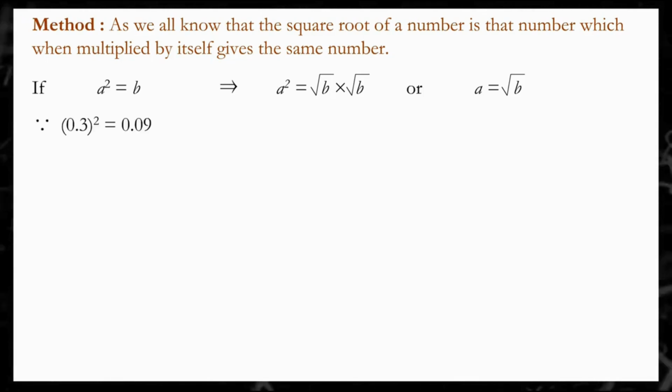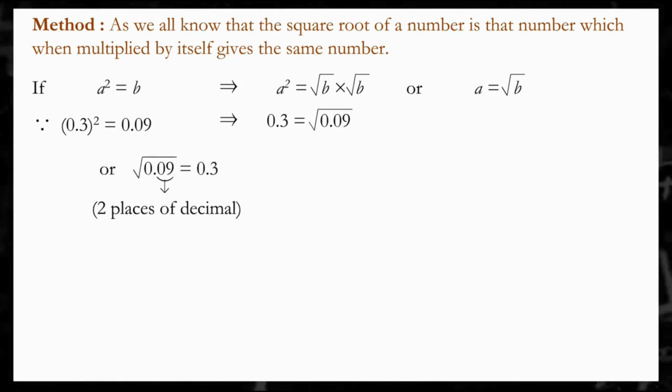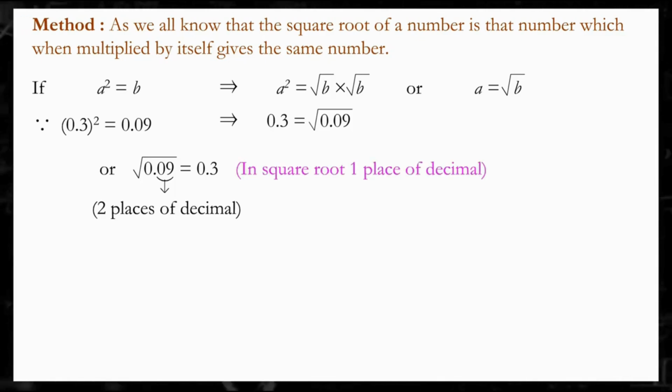Because 0.3 whole square is equal to 0.09, this implies that 0.3 is equal to under root 0.09, or under root 0.09, two places of decimal, is equal to 0.3, one place of decimal.